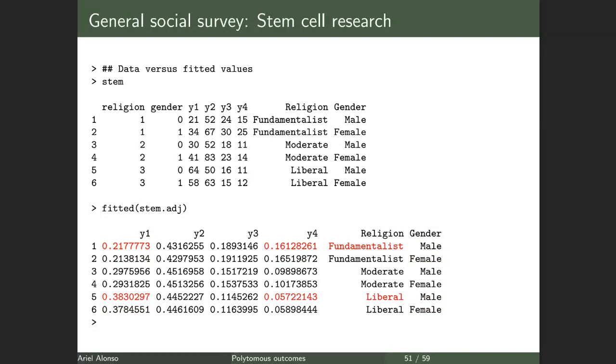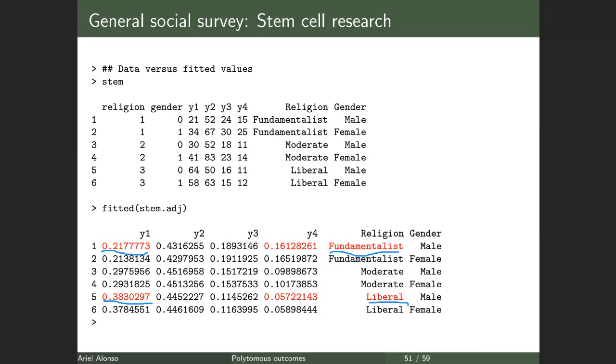On the other hand, if you now look at males, comparing fundamentalist religious males with liberal males, you see indeed that liberal males strongly support stem cell research, whereas fundamentalists do not.